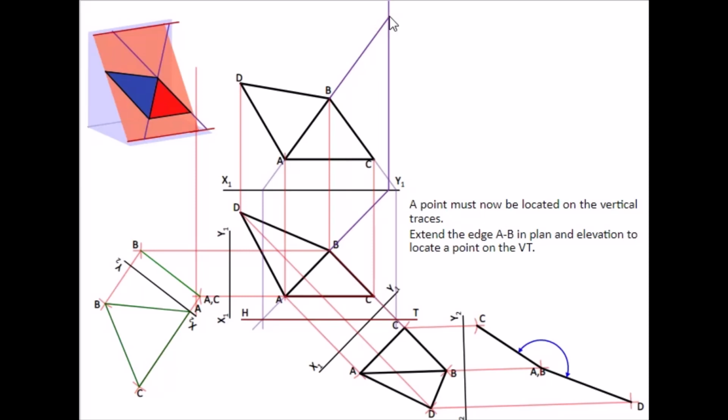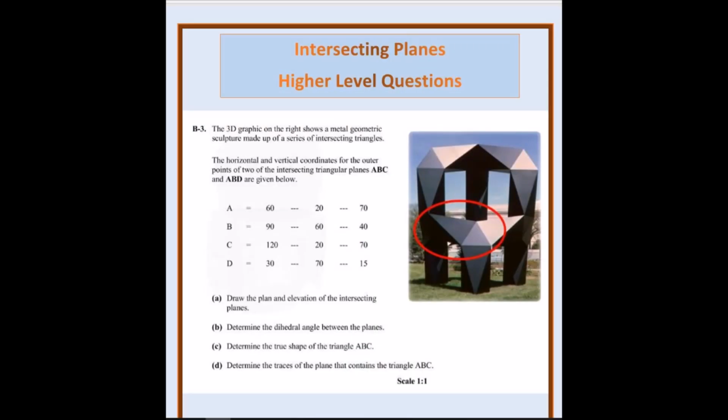This here now is a point on our vertical trace, and we can draw a vertical trace level here because it needs to be parallel. If we look at the 3D graphic, if this horizontal trace is horizontal in plan, our vertical trace is going to be horizontal in elevation. That concludes this question.